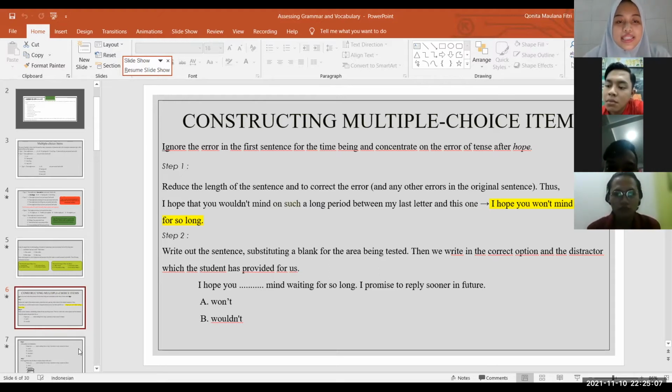there is a sentence: "I hope that you wouldn't mind on such a long period between my last letter and this one." It becomes: "I hope you won't mind waiting for so long."